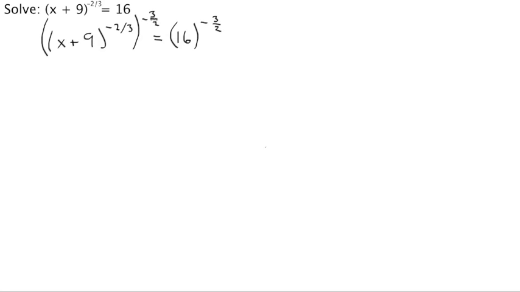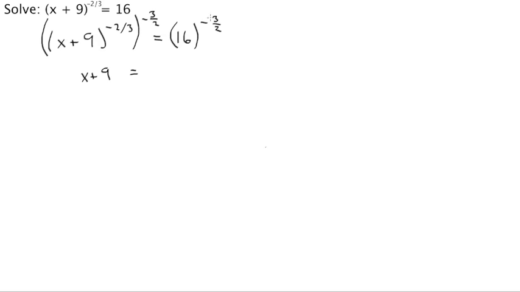The reason we raise it to the reciprocal power, remember that when we have some term raised to an exponent, and then that whole term is then again raised to another exponent, we can simplify that by multiplying the exponents together. So in this case, negative 2/3 times negative 3 halves, that's going to be just 1. So our left-hand side, the part that was causing us trouble, is now just x plus 9.